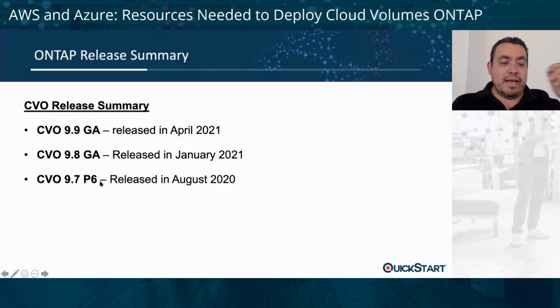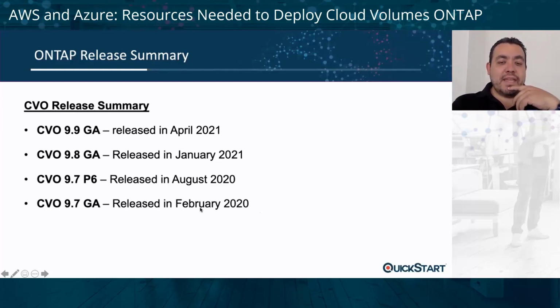That was the last version before 9.8, and CVO 9.7 came out in February 2020. And we're expecting to see CVO 9.10 by, I might say, October this year. And ONTAP 9.9, by the way, is going to be out in May this year.